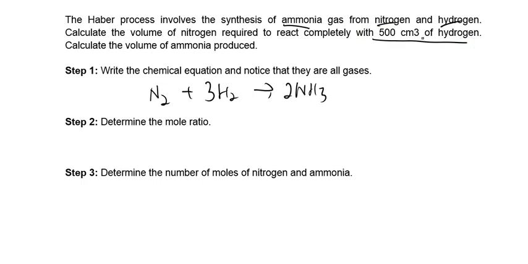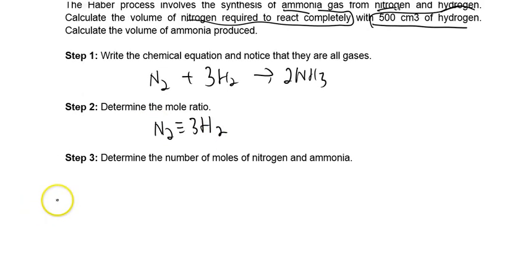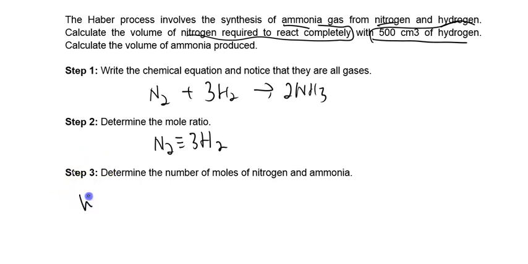What is the volume of N2 required to completely react with this volume of hydrogen gas? From the equation above, I know that N2 is equivalent to 3H2. So with this, I can calculate straight away the volume of N2 required.